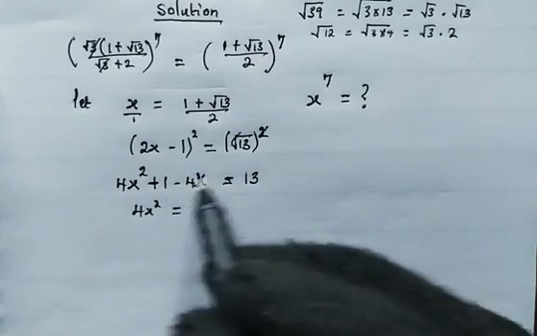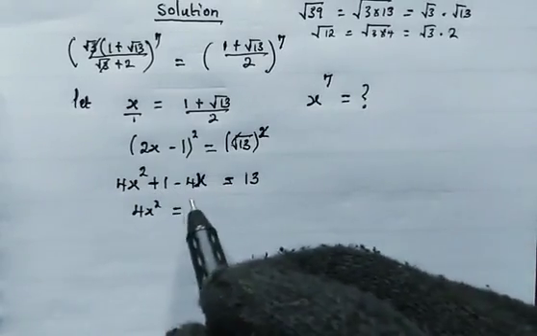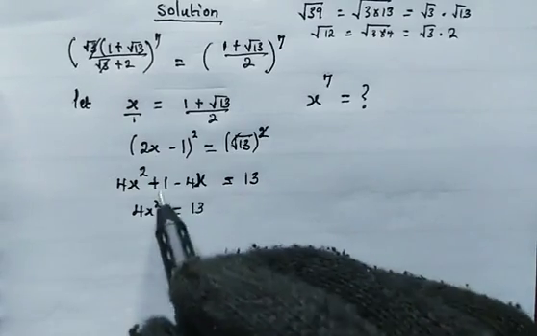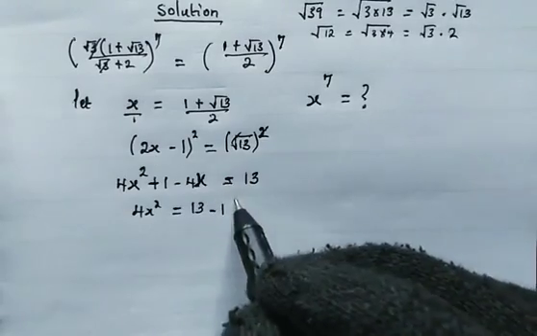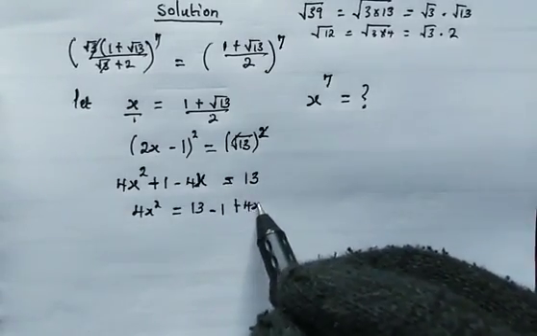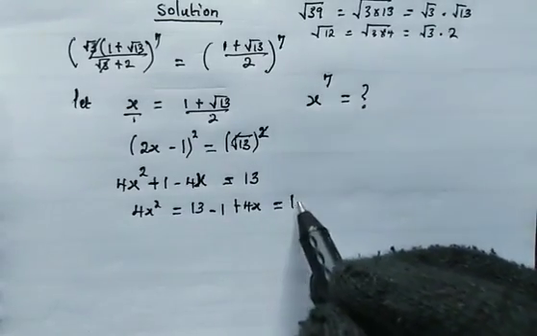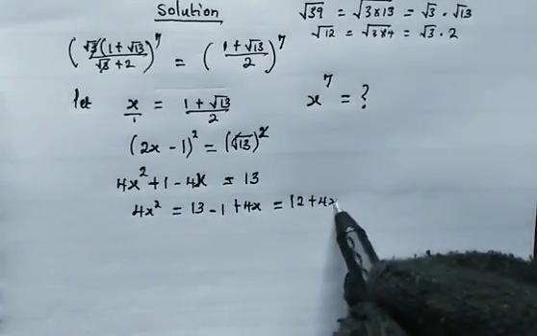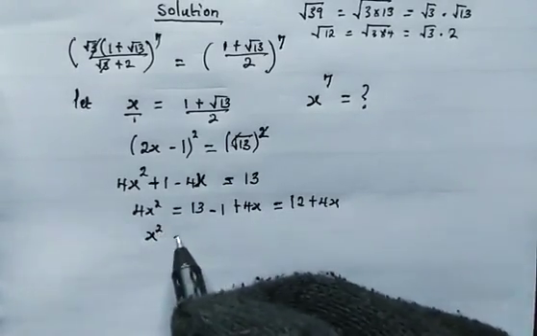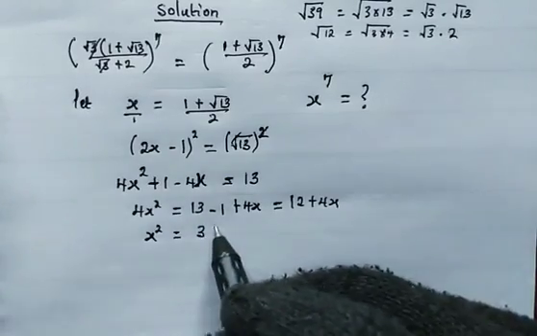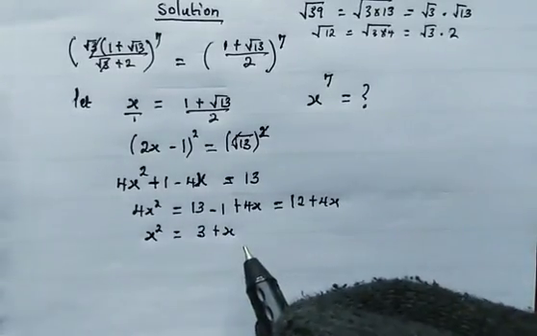Now, these two terms are crossing over, so their signs will change. So this will become 13, the sign of 1 here, which is positive, will change to minus 1. Then this one changes to plus 4x, which equals 12 plus 4x. Now, divide both sides by 4, and we come up with x squared equals 3 plus x.